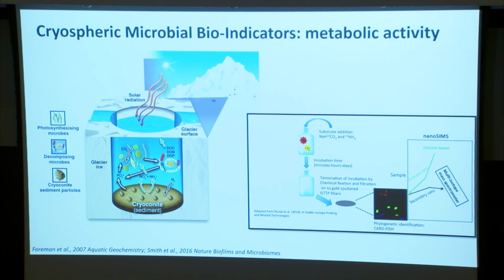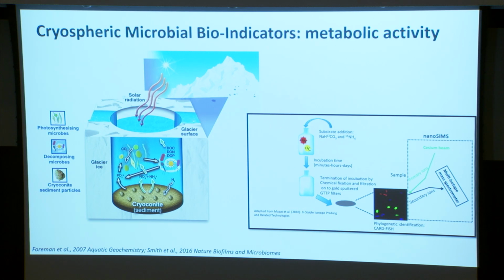We can often discern this using stable and radioactive isotopes at the bulk level. You melt down something, throw substrates at it, and measure those. But we can also do this at the single cell level, right? So moving beyond where it might be obvious to where we're looking for this life. On the single cell level, we can do things like add stable isotopes and follow individual microbes as they take up, in this case, 13C labeled bicarbonate or 15N ammonium.